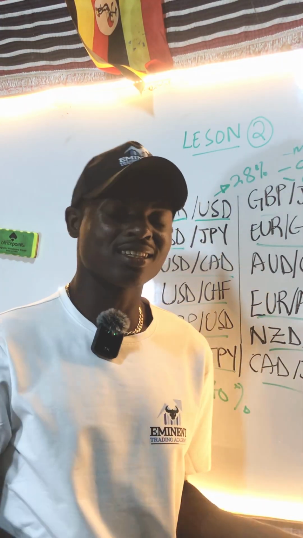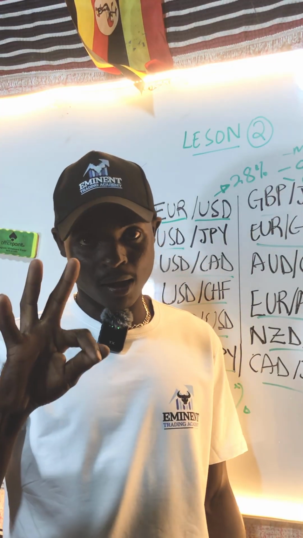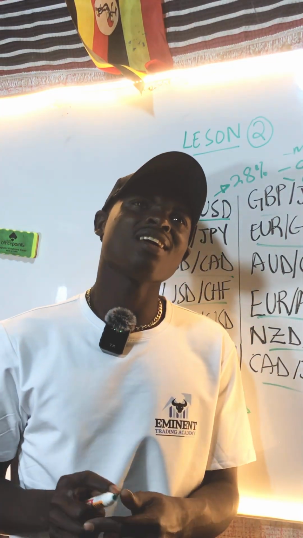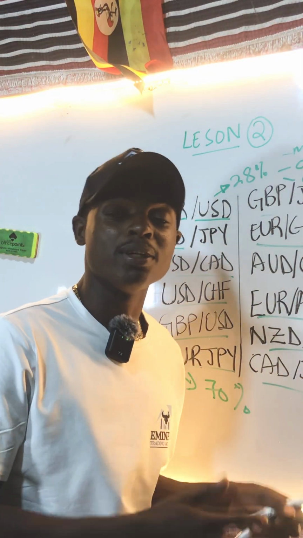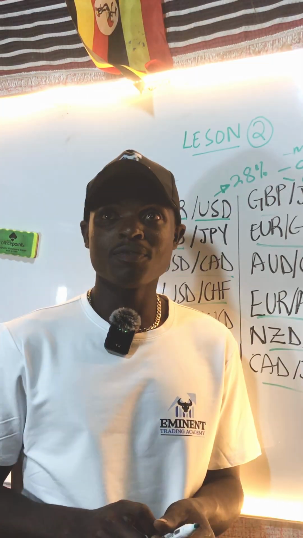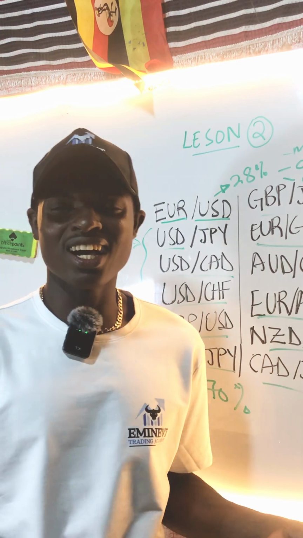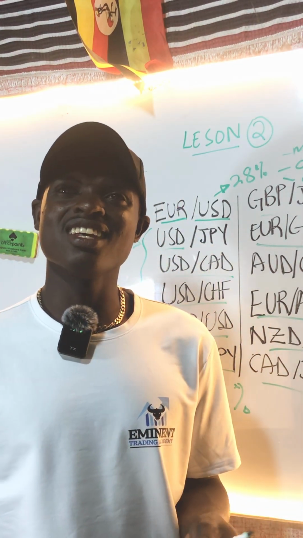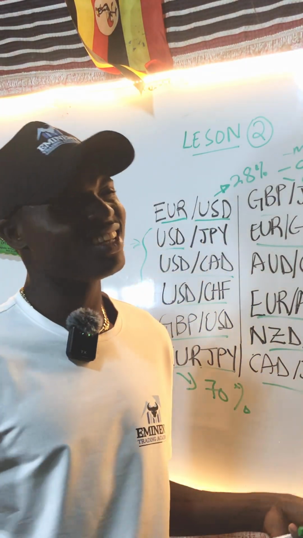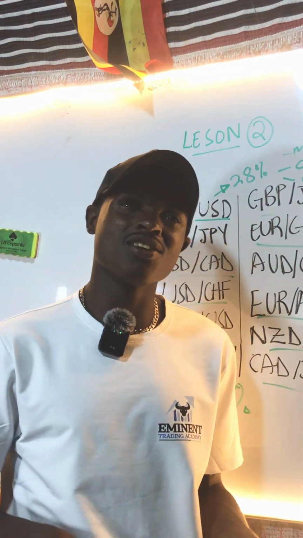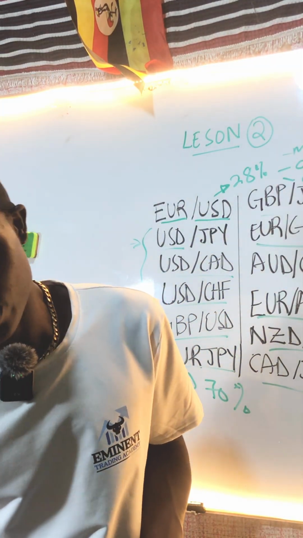For the exotics, since I told you that there are three types of pairs, these usually represent developing countries. For example, the Hong Kong dollar, the Singapore dollar, the Russian ruble, South African rand, those currencies from developing countries.